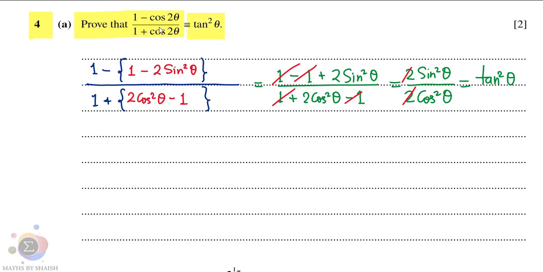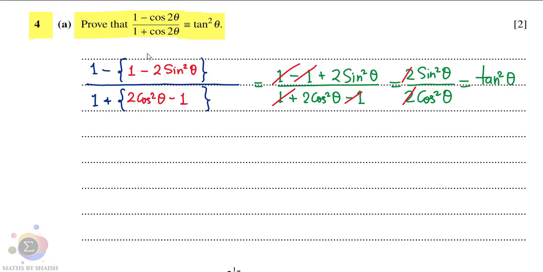Whenever we have a double angle, we need to choose which formula, which identity we need to use, because cos 2 theta has 3 identities. Basically we can use any of them, but we can see the result is tan theta. So if we choose wisely and make the numerator sine square and the denominator cos square, it can easily be obtained.